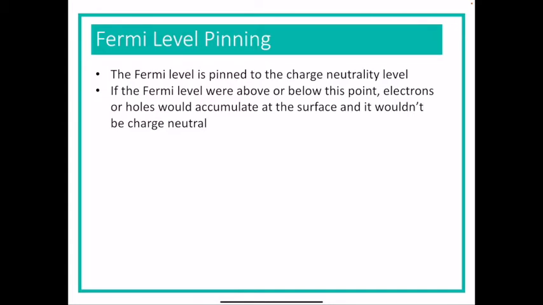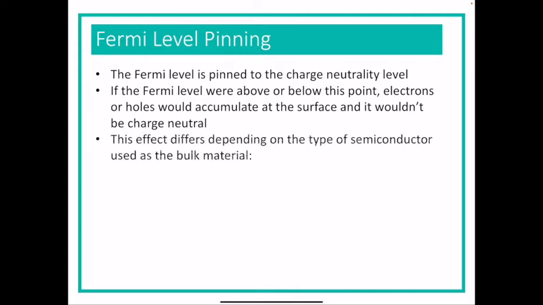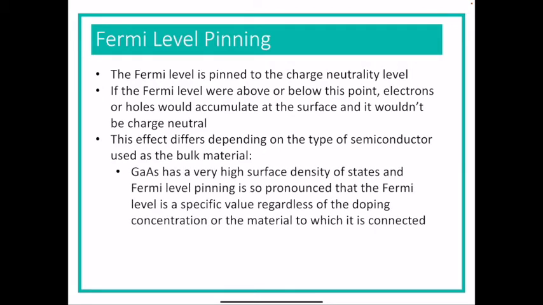Depending on the type of semiconductor used in the bulk material, it can have a big effect. For instance, gallium arsenide has a really high surface density of states. If you try to make a MOS device out of it, there is so much Fermi level pinning that the Fermi level is at a specific value, and it doesn't matter what you do to the material or what you connect it to.